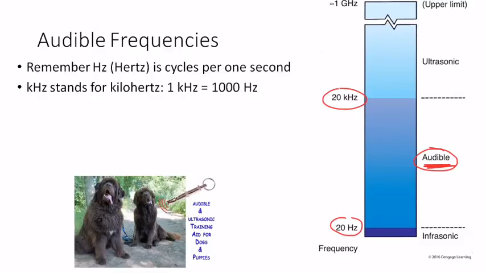So if it is a lower frequency, fewer cycles per second, we call that infrasonic. And if it is a higher frequency than 20 kilohertz, we call that ultrasonic. And you've probably heard of ultrasonic cleaners before.